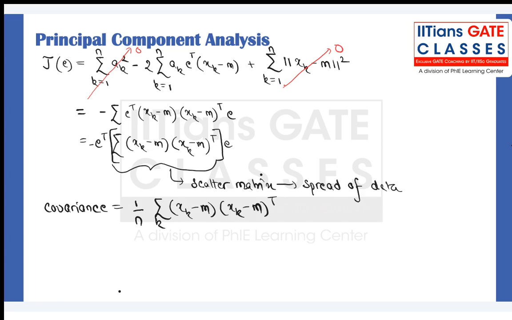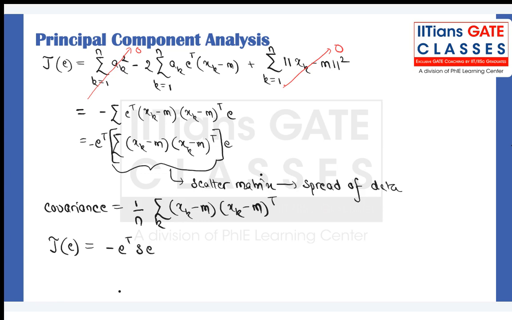This measures how your data is spread. And as I said, you would also want to minimize this value. So in essence, your J of E is nothing but minus E transpose SE.